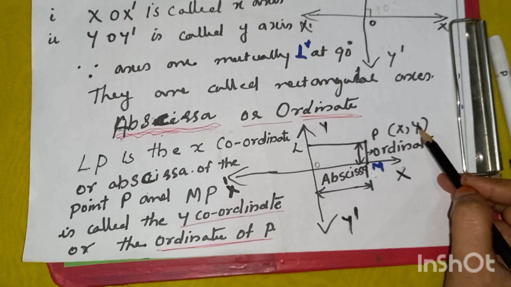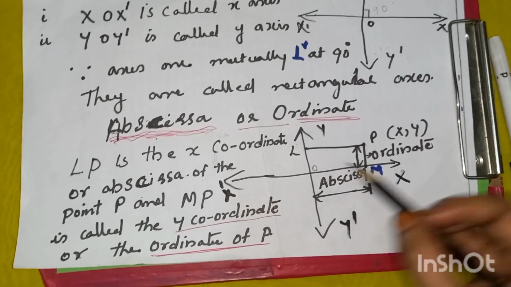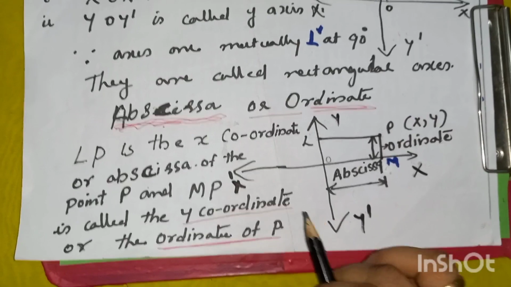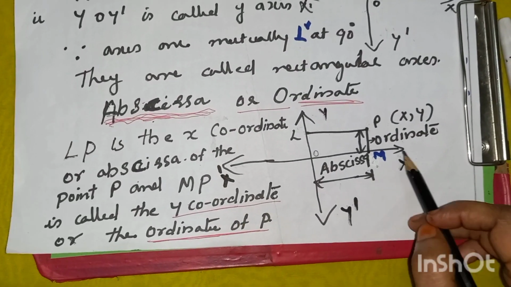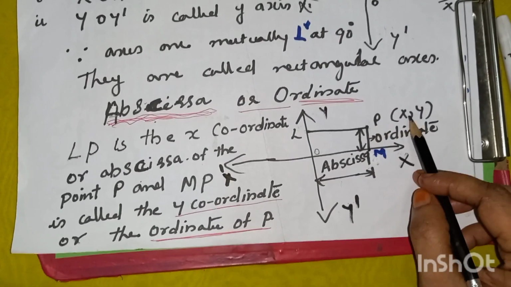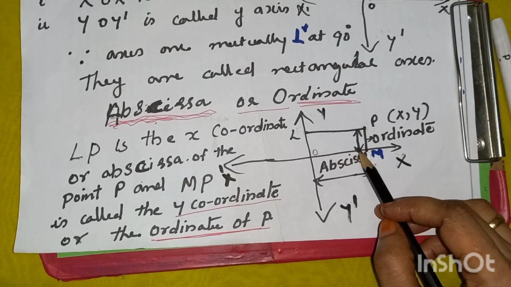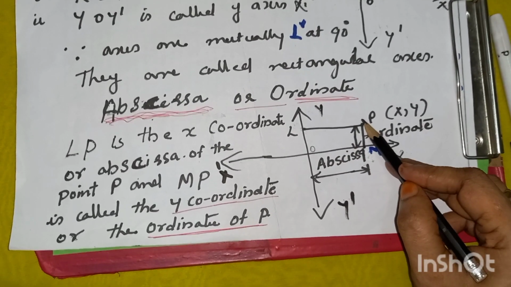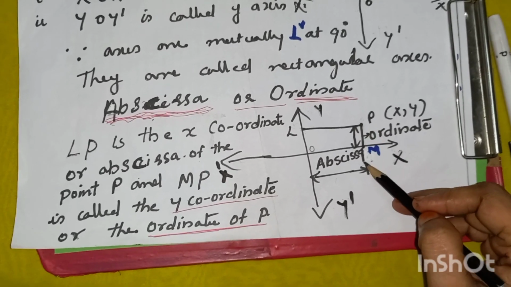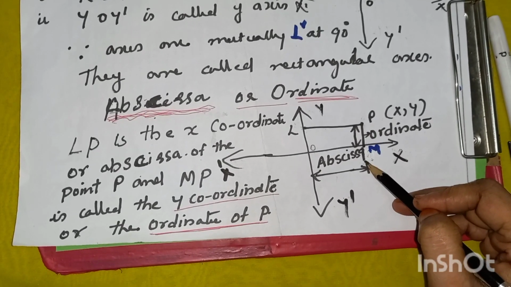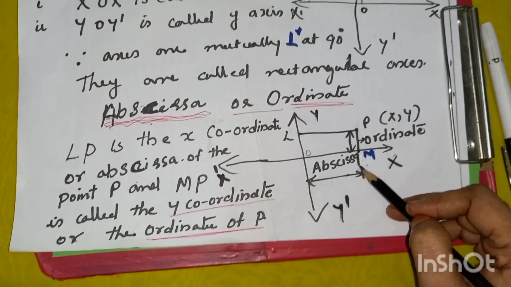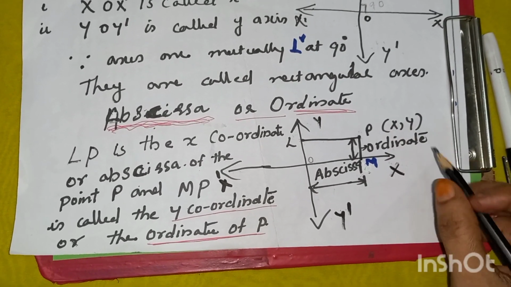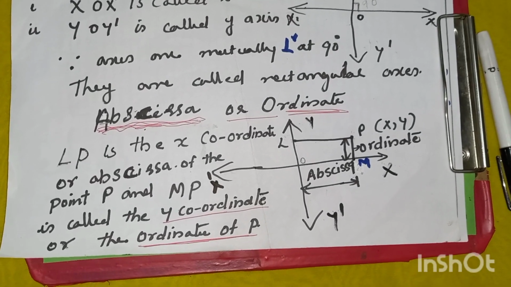X and Y. Then what about this length MP? MP is called the y coordinate, or the ordinate of P. Is it clear for you?